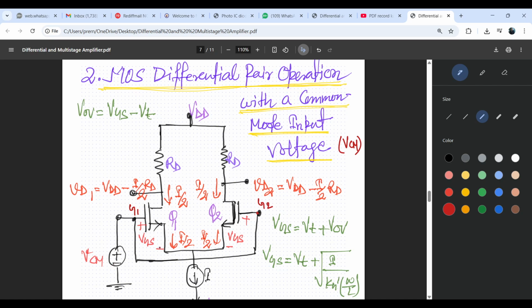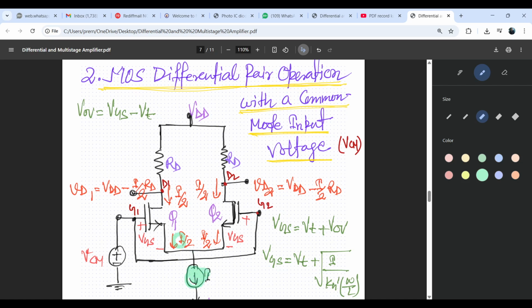So VCM is the common mode input voltage at the gate. This voltage is VCM minus VGS at the source, and then drain D1 and drain D2. The current I flows through the current source.